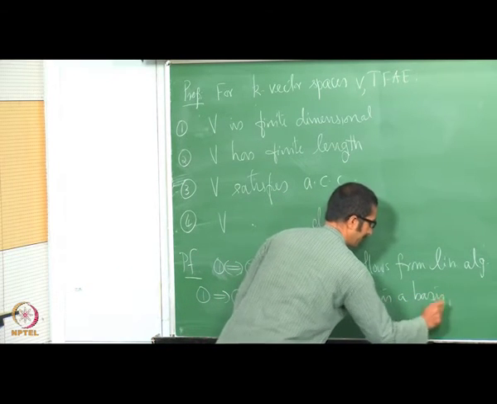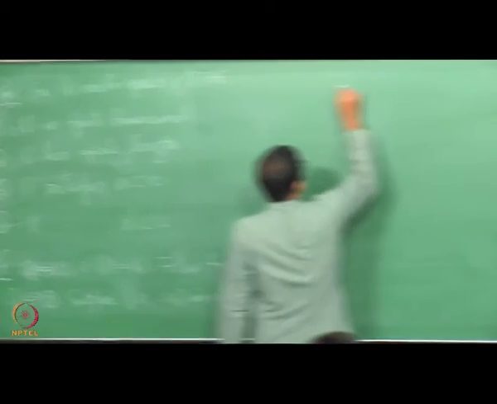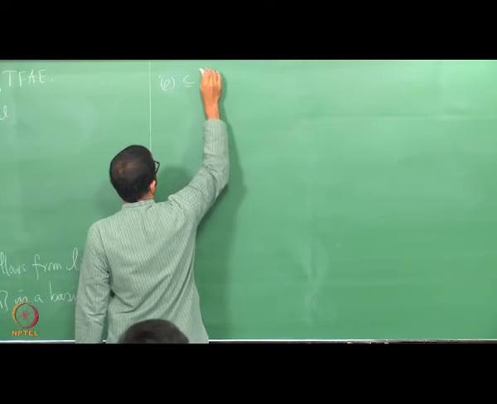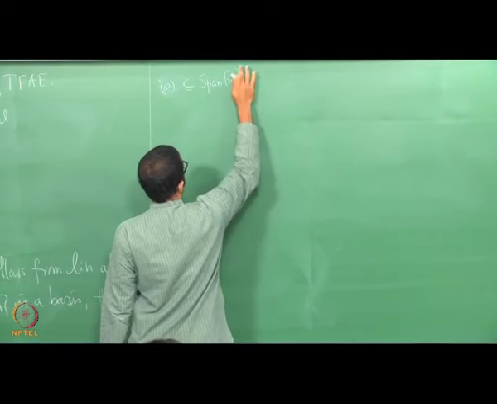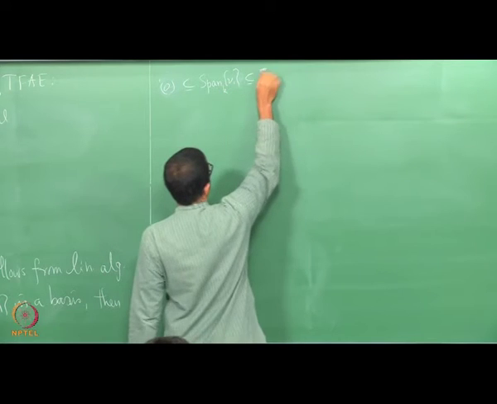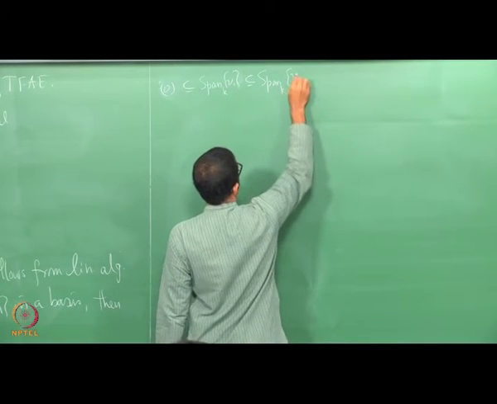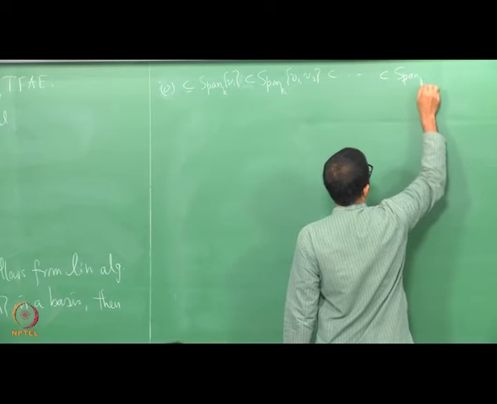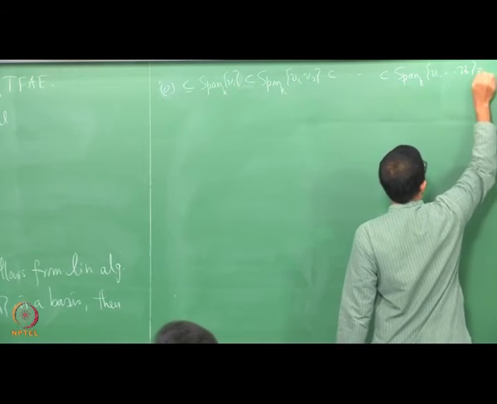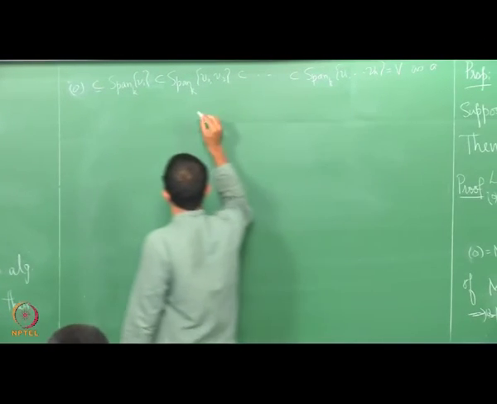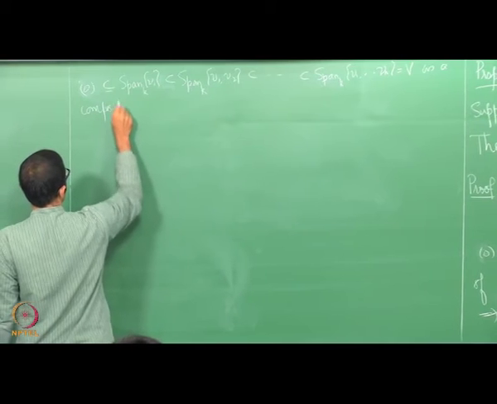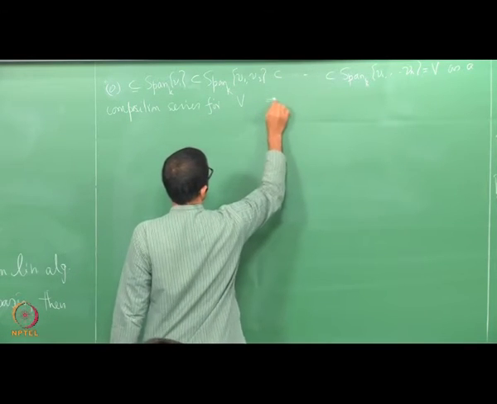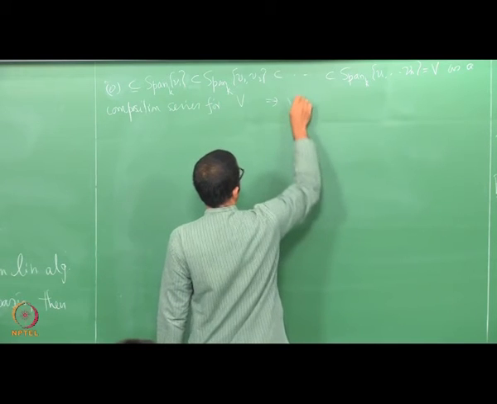If V1 up to Vn is a basis, then 0, K span of V1, and so on is a composition series for V. So V has finite length.